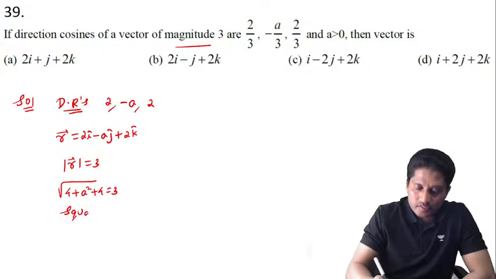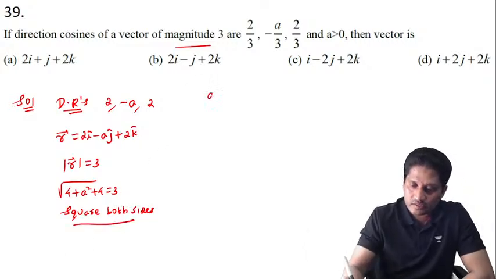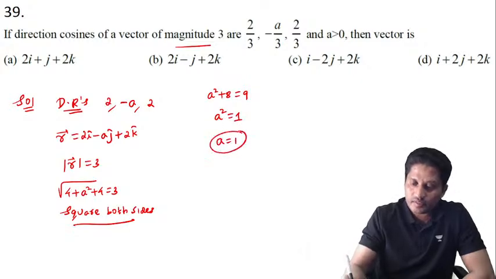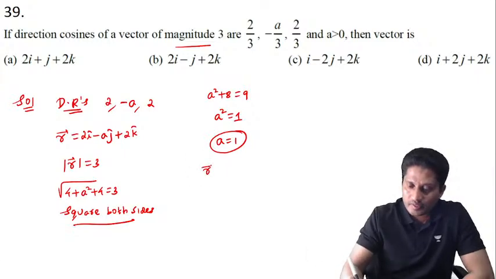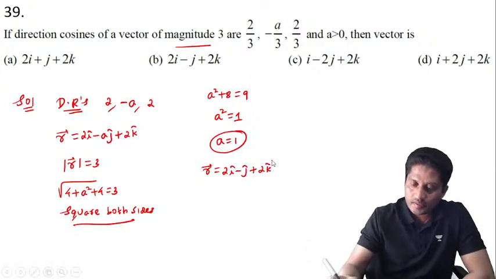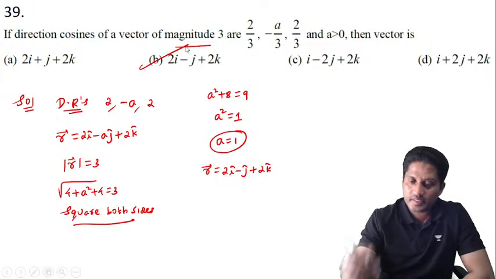If you square on both sides, root and square cancel, you get a square plus 8 is equal to 9. So a square is equal to 1, a equal to 1. So this vector R will be equal to 2i minus j plus 2k. Right, answer is option B.